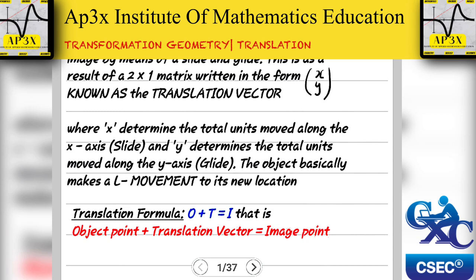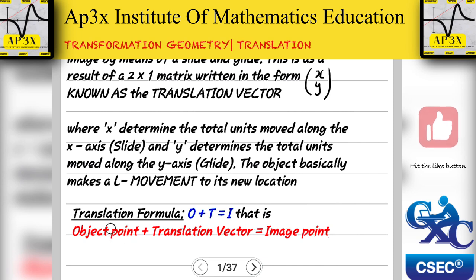Now, for you to really get a basic understanding of what a translation is, visually, as we said, the object is going to be making somewhat of an L movement. So the object is always going to be moving to the left or right, followed by a movement up or down. Now, we use a very standard formula here, and this formula, as seen on screen, is O plus T equals I. And so what do the O, the T, and the I stand for?